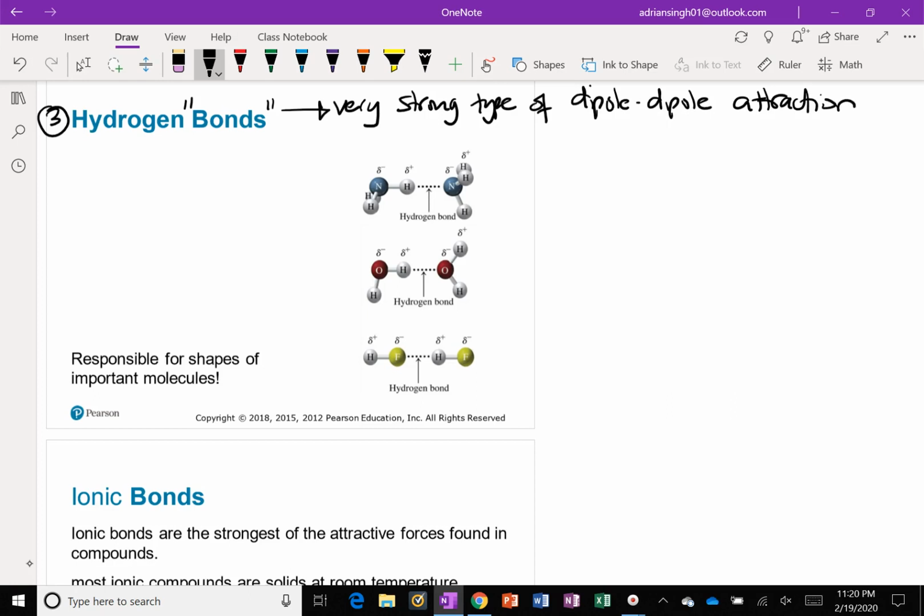It's sort of like dipole-dipole attraction on steroids, and the reason is the nature of the elements involved. Again, the name, hydrogen bond, tells you what needs to be present: hydrogen needs to be present.